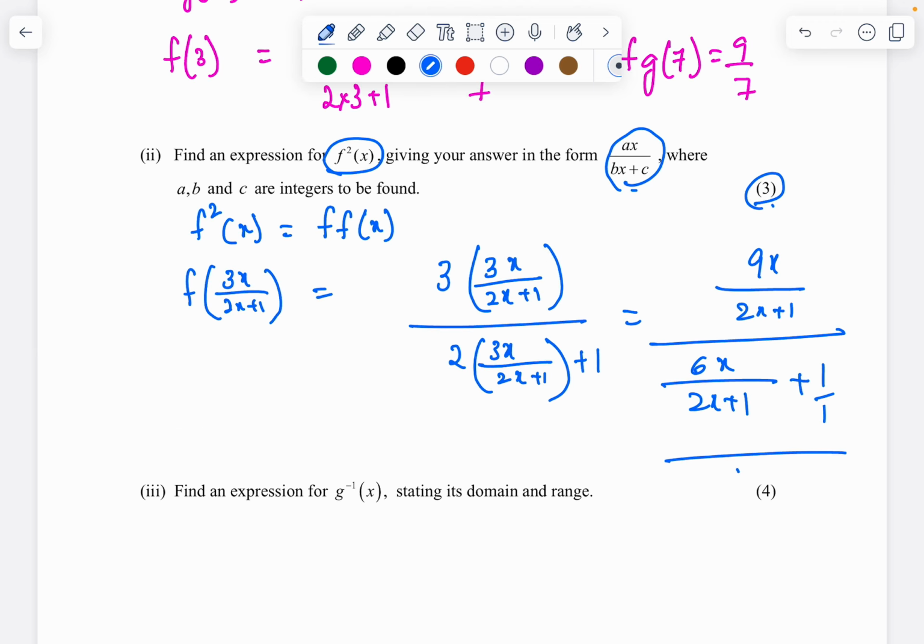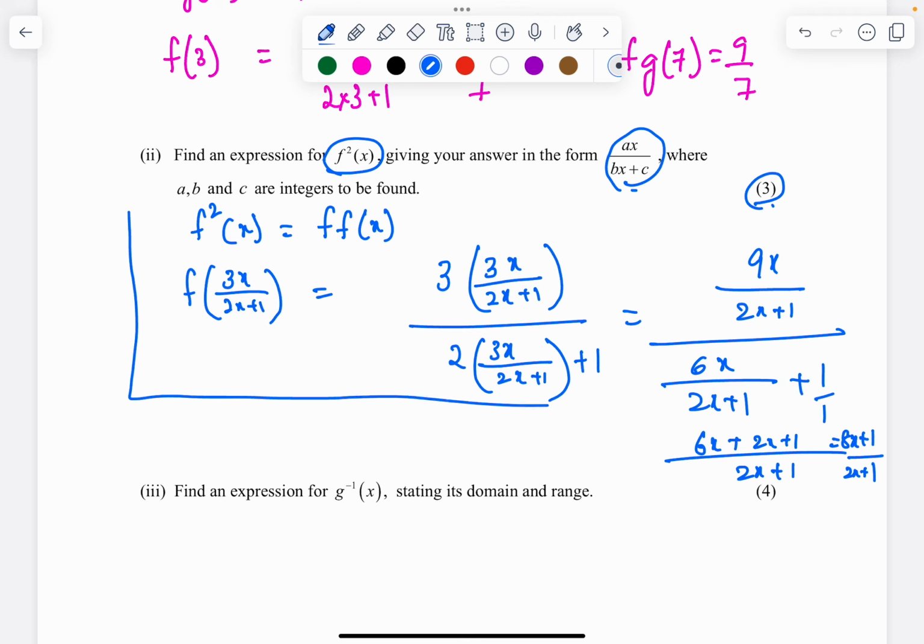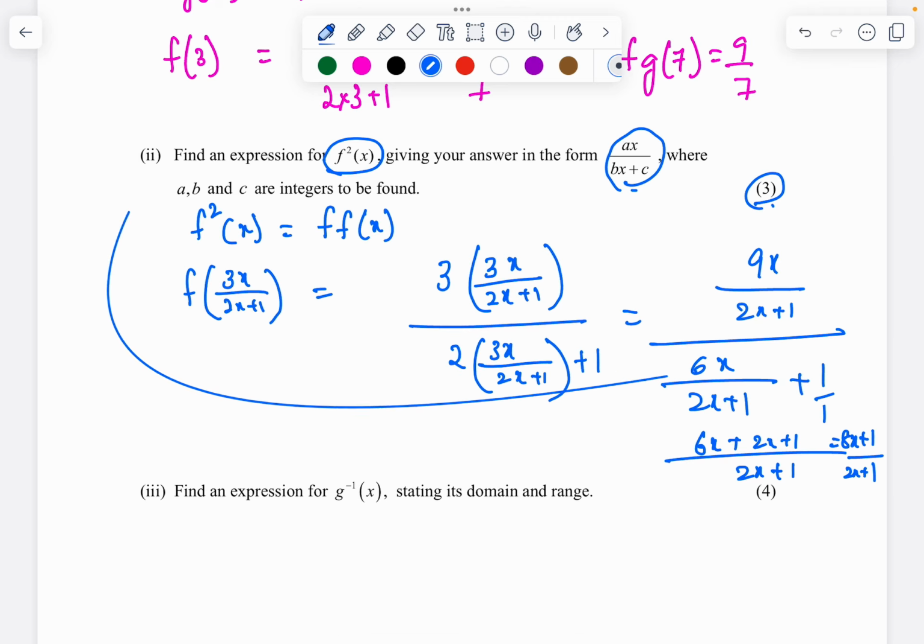So make a common denominator. This gives me 6x plus 2x plus 1. So the denominator is going to be 8x plus 1 over 2x plus 1. I'm sorry, the space is too little. You're almost done. So I will just use this little space in pink color.